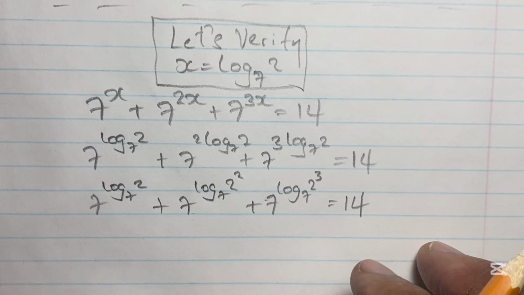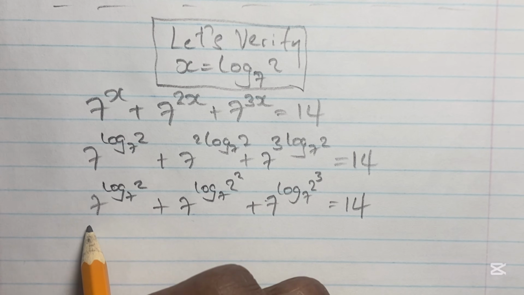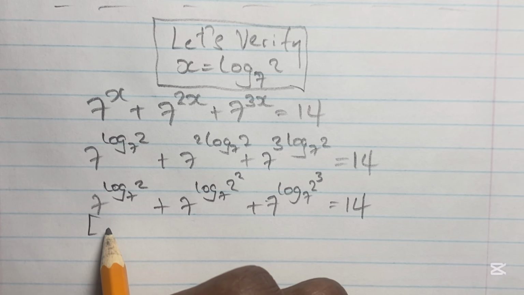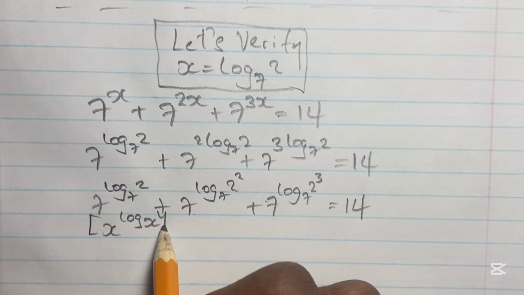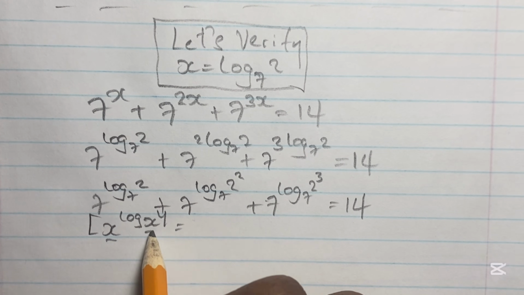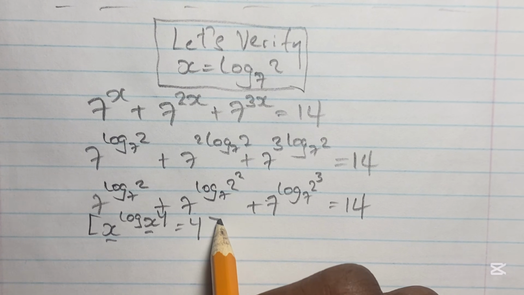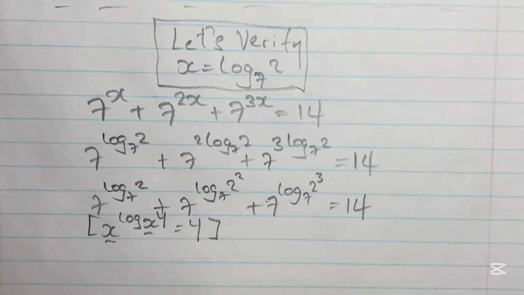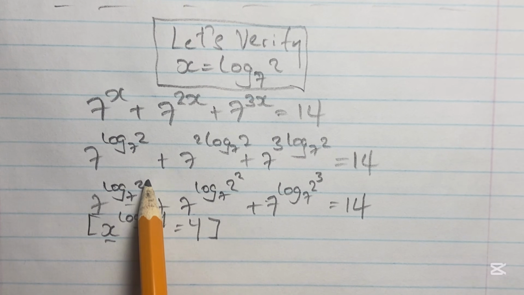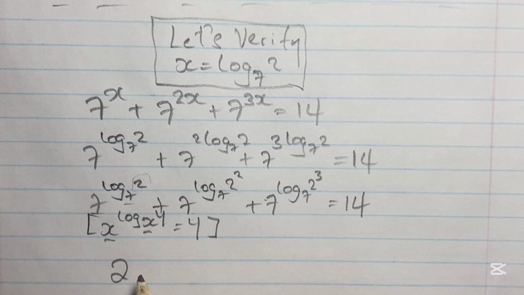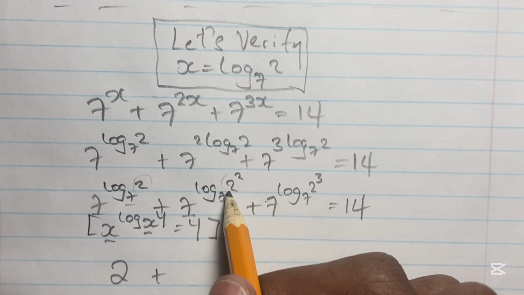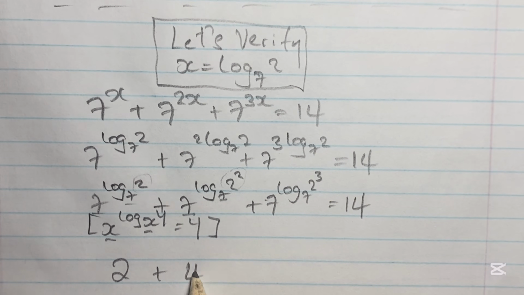So again, from here we have another logarithm rule where we can look. This rule states that x to the power of log base x of y, where the bases are the same, so we see x here and we see x here, this expression evaluates to y. So where we see the 7 and the 7, we put that 2, then we say plus. Here again we see 7 and the 7, we know that's going to be 2 squared, and 2 squared gives us 4, so we have 2 plus 4.